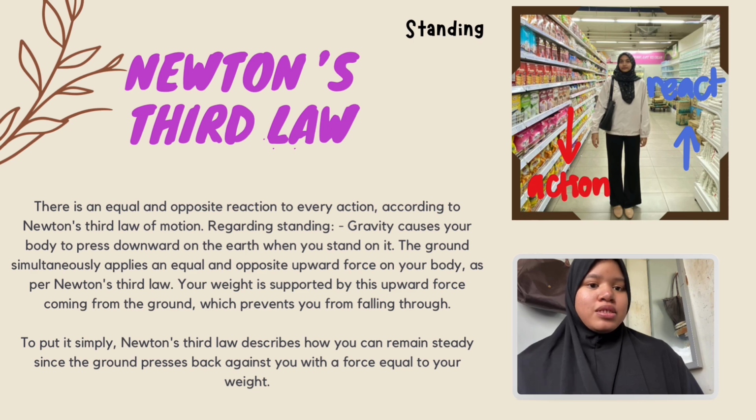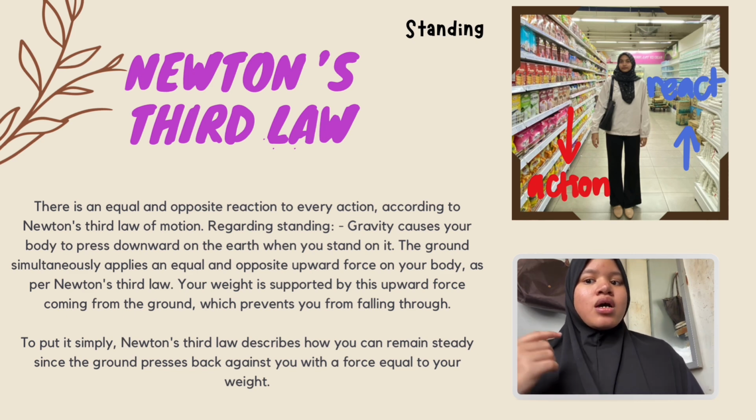According to Newton's third law, the ground simultaneously exerts an equal and opposite force upward on your body. This force is the reaction. The downward force of gravity acting on you is balanced by the upward reaction force from the ground. This balance of forces allows you to remain stationary and not accelerate downward or upward.